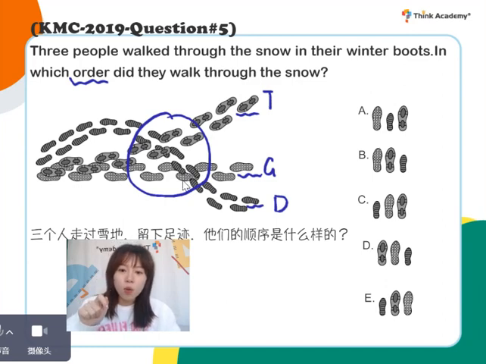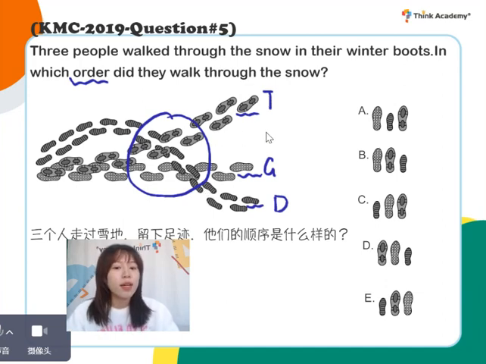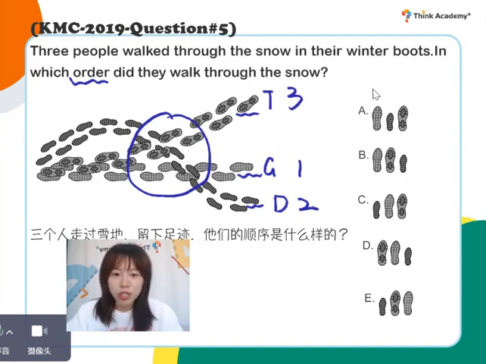Then we know the dark one is on the gray one, so the dark one is going to be later than the gray one. So if we mark the order now, who is going to be first? Yeah, the gray one, the first one, then the dark one, then the two circle one. So 1, 2, 3.